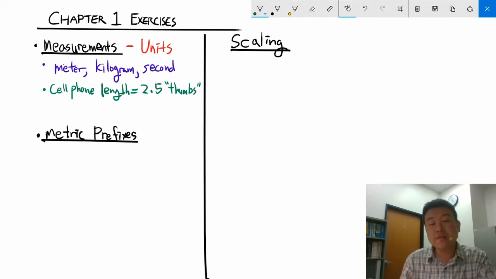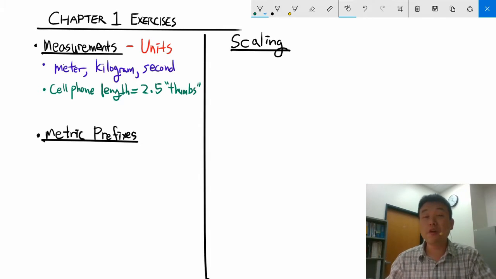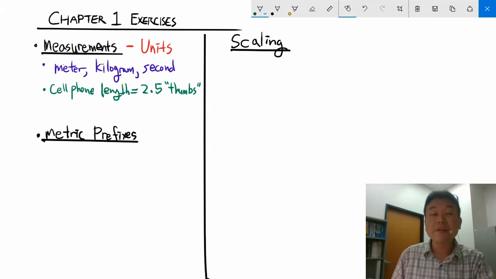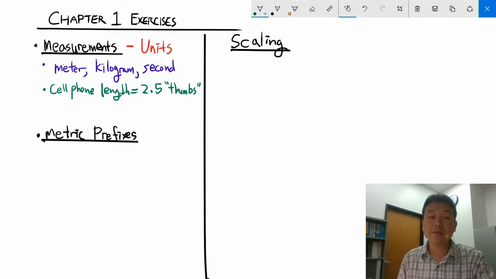Now, if I say 2.5 thumbs, maybe if some of you are taller, your thumb will probably be longer. So this doesn't really mean something standard. When I'm talking to someone else, I might want to convert this to one of the more standard units, like centimeters.